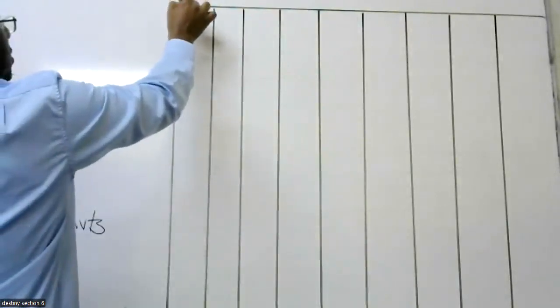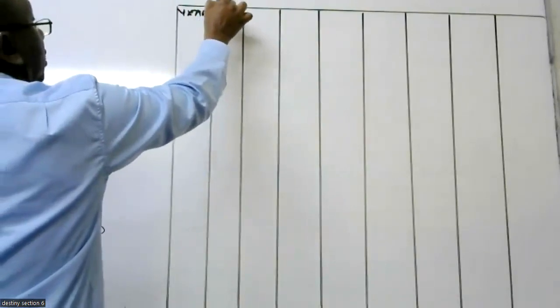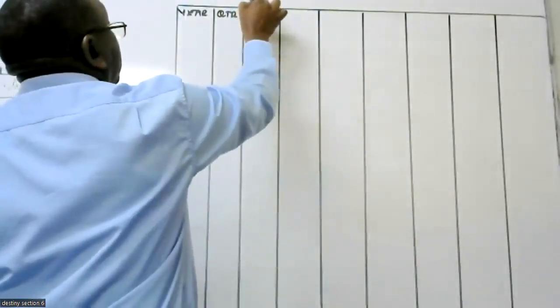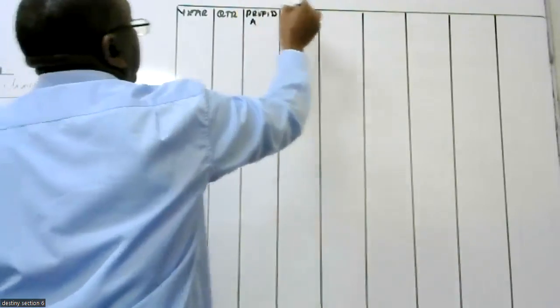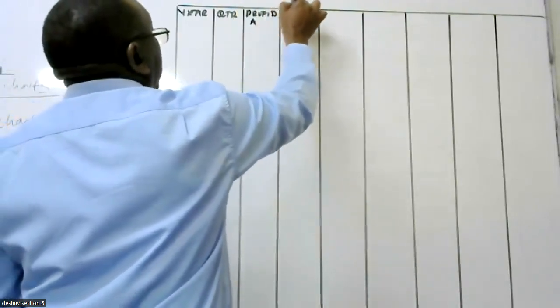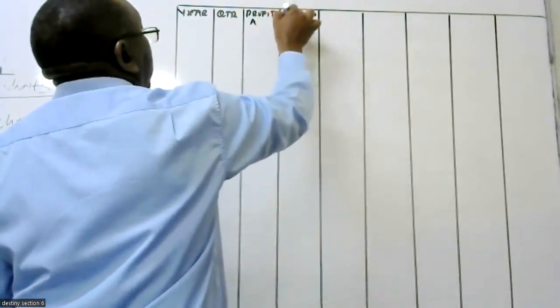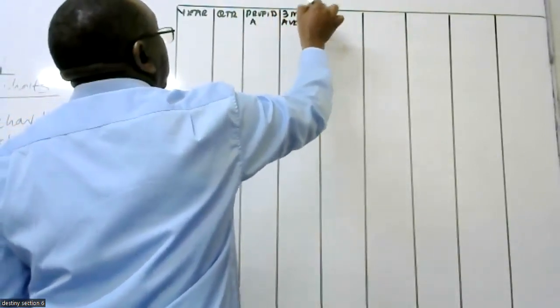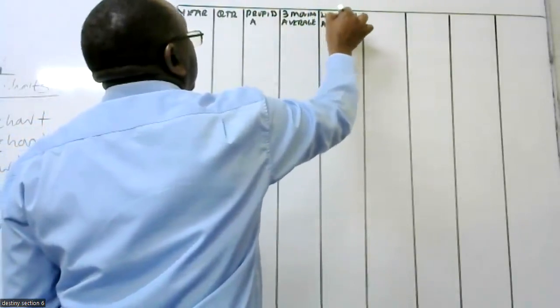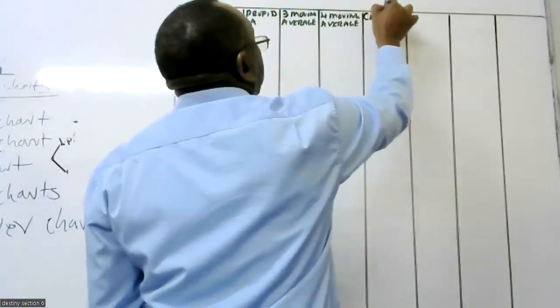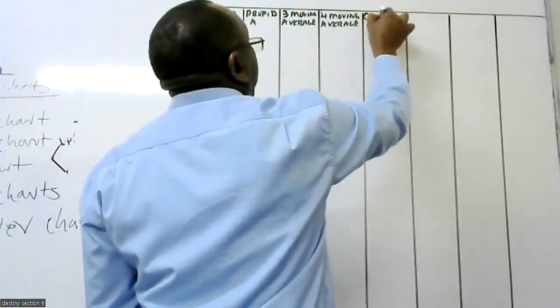So this will be my year. This is my quarter. These are the profits, which shall be my A. And this shall be the 3 moving average. Then the 4 moving average. Then I will get the centered average.